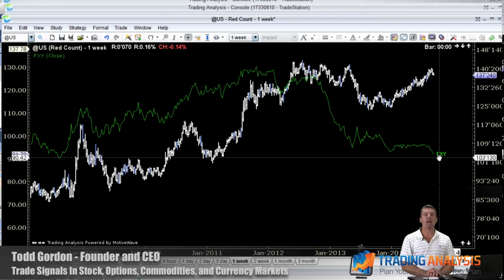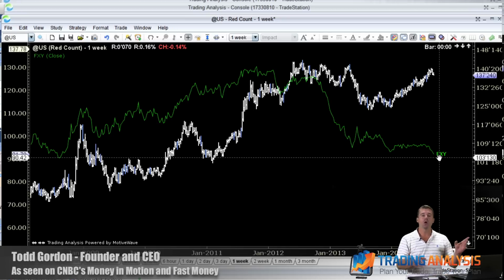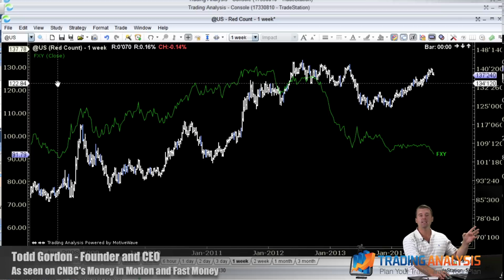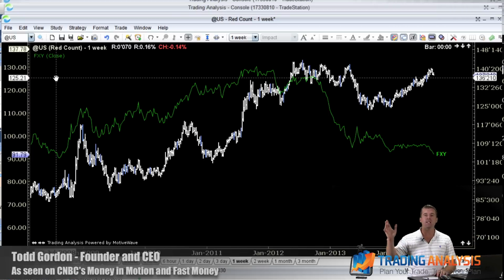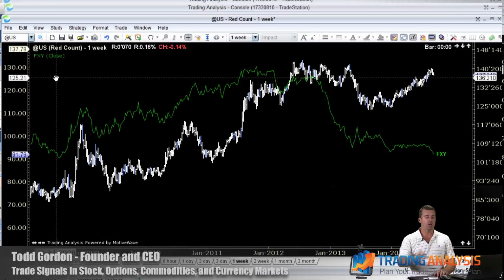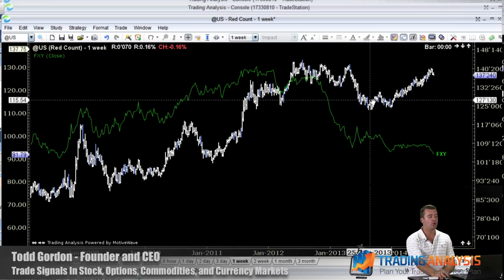Behind us, we're looking at a weekly chart of the U.S. bond market, continuous contract 30-year future, as well as FXY, the Japanese yen ETF there in green. You can see through 2009 to 2013, these two have been fairly correlated.